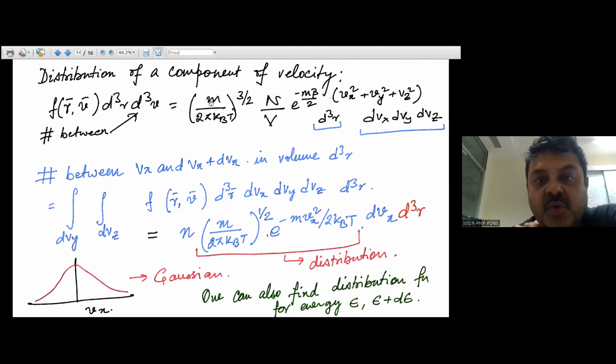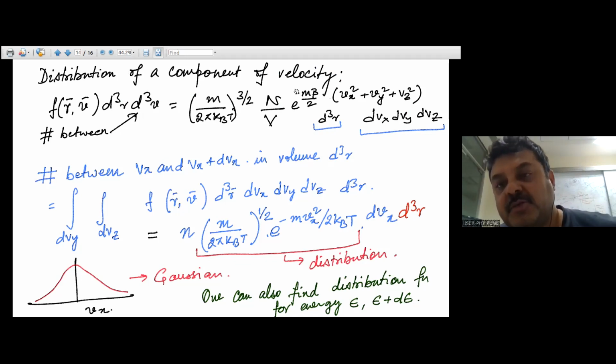And that, as you know, is (m by 2 pi kBT) to the power 3 by 2, number density, e to the power minus m beta by 2 (vx square plus vy square plus vz square), d3r dvx dvy dvz.